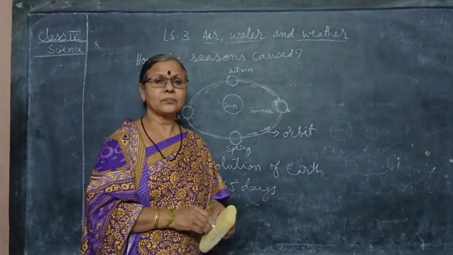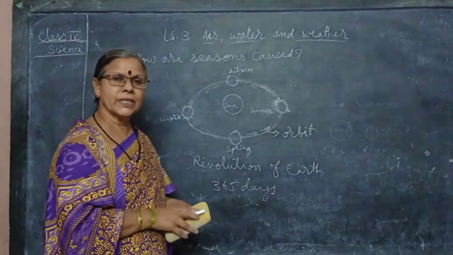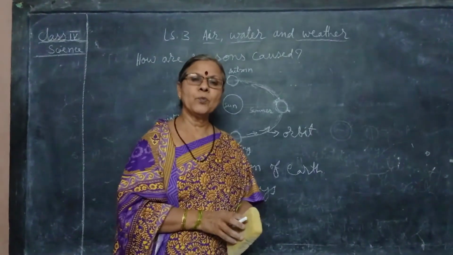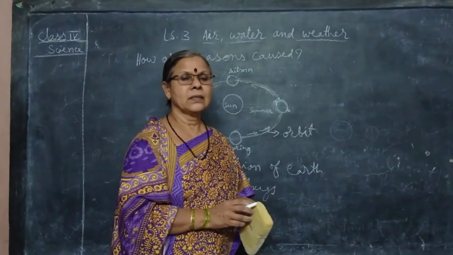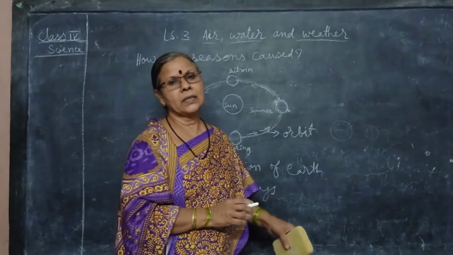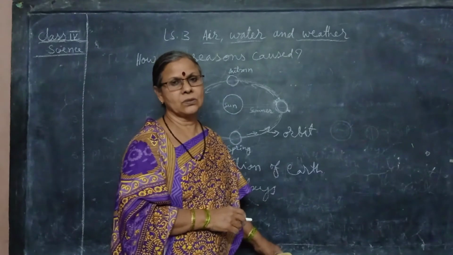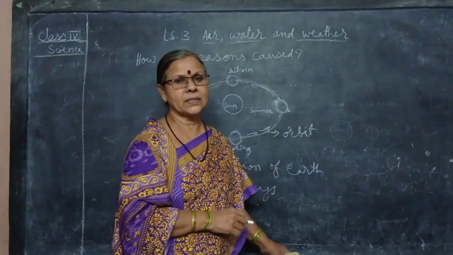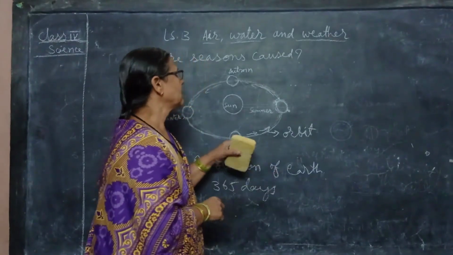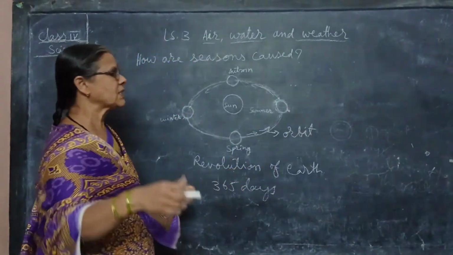Once again, what is rotation of the earth? The spinning movement of the earth around itself on an imaginary line is called rotation of the earth. It takes 24 hours to complete one rotation, and also it causes day and night. And here the changes in the season also.